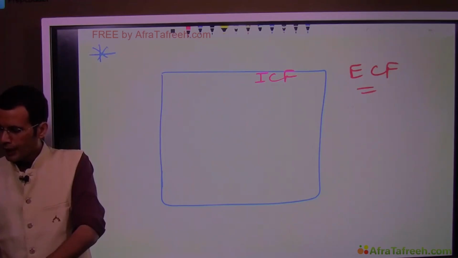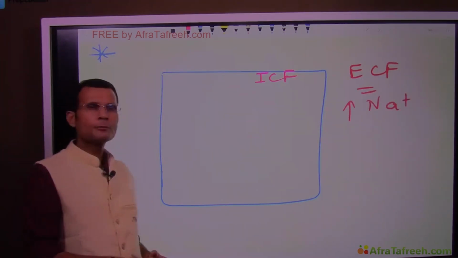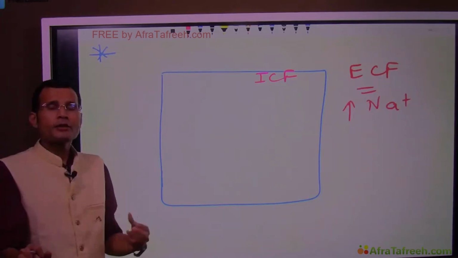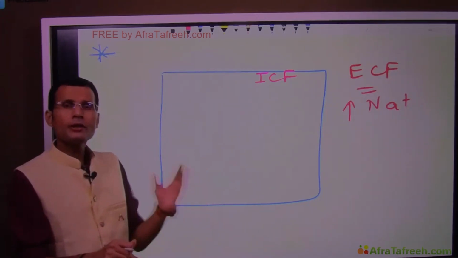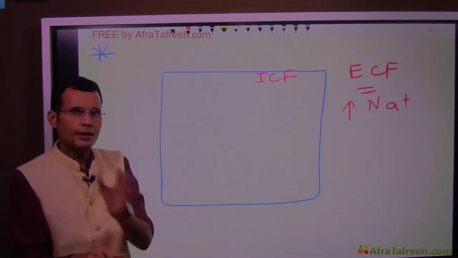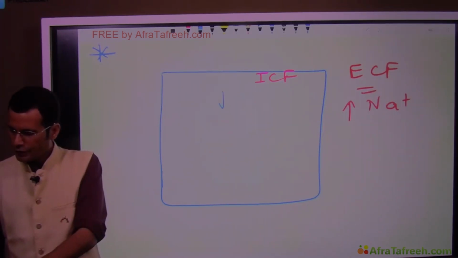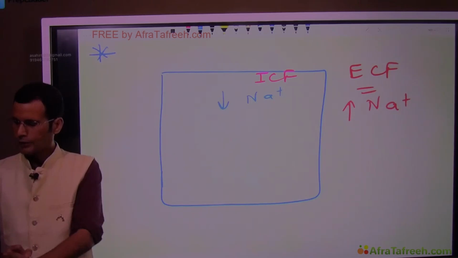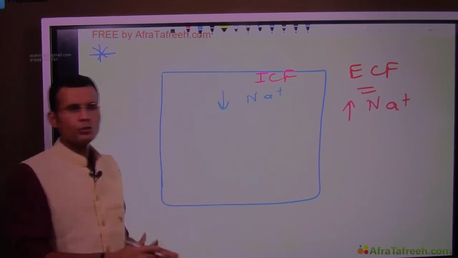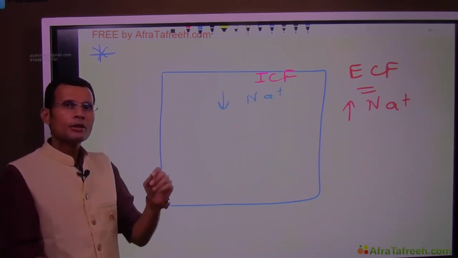ECF has a high concentration of sodium, 141 milliequivalents per liter. So if you were asked the major cation in the ECF, it's sodium. Sodium concentration in the ICF, intracellular fluid, is low, and it's quite understandable. You know why?